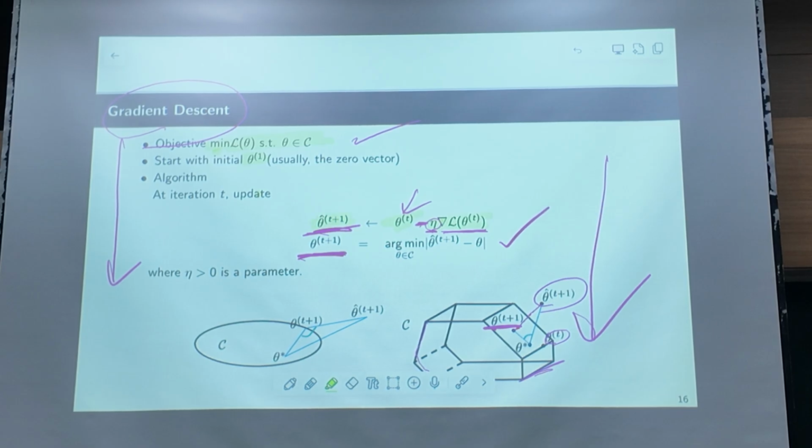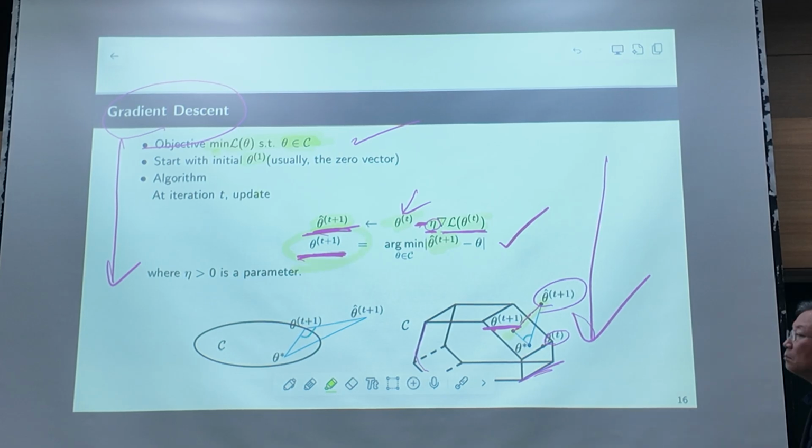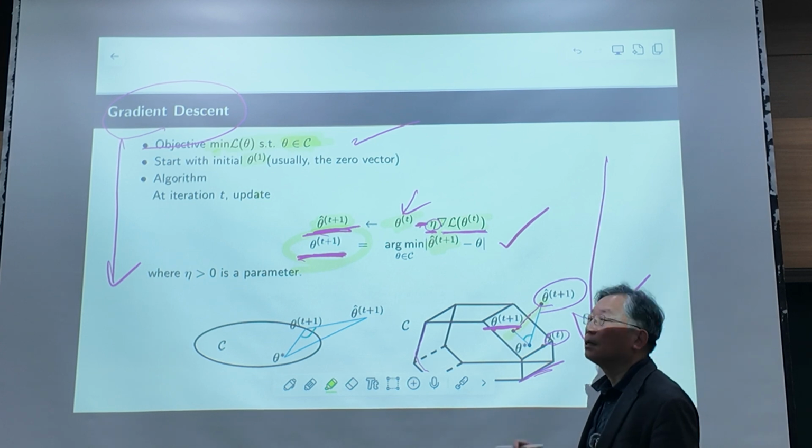to obtain theta hat, and then you project that theta hat to the space, the constraint space. Okay, you project it to obtain your update. Okay?